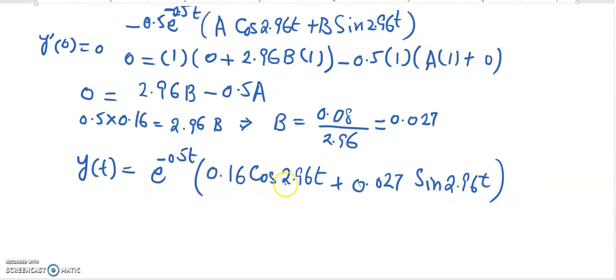In this case, we can see that the cosine and sine terms are a little bit different from the previous undamped case. Over there it was cosine of 3t and sine of 3t, but here it is 2.96t, so it is a little bit less. This term shows the frequency of the oscillation, so the frequency is slightly decreased in this damped, underdamped situation.